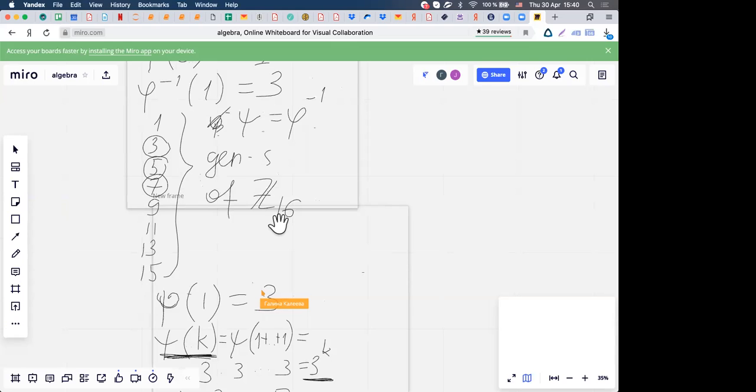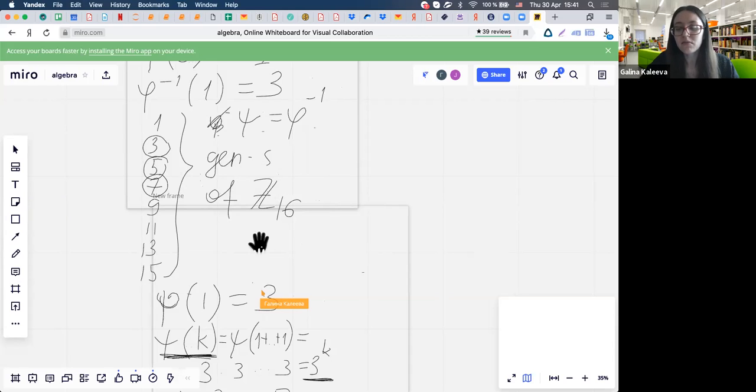But if we have an isomorphism from our cyclic group of order 16 to some other cyclic group of order 16, which is Z17 star, they are both isomorphic groups, okay? And the operations are different in those groups, and the elements act differently in those groups, but there is a mapping, a bijection between the sets of elements.